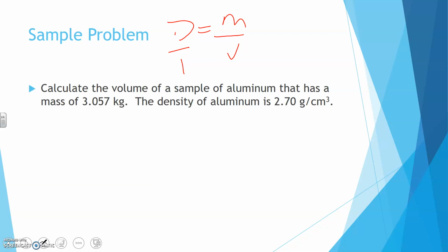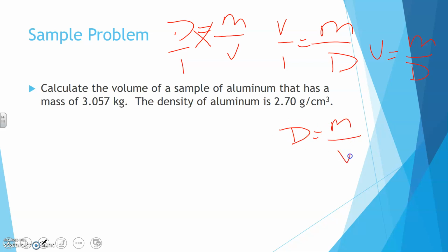So if we're trying to solve for the volume of something, we want to cross multiply here. So we end up with volume over 1 equals mass over density, or volume equals mass divided by density. Okay, easy way there.